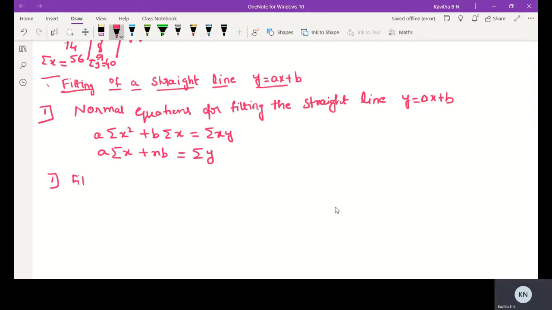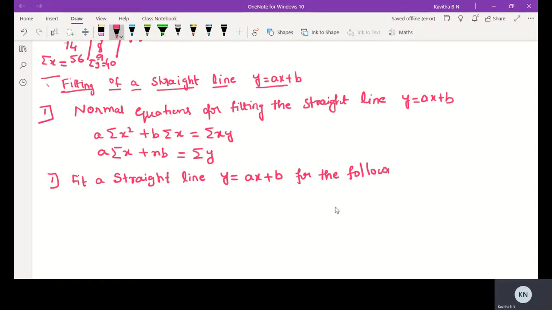Fit a straight line y is equal to ax plus b for the following data.